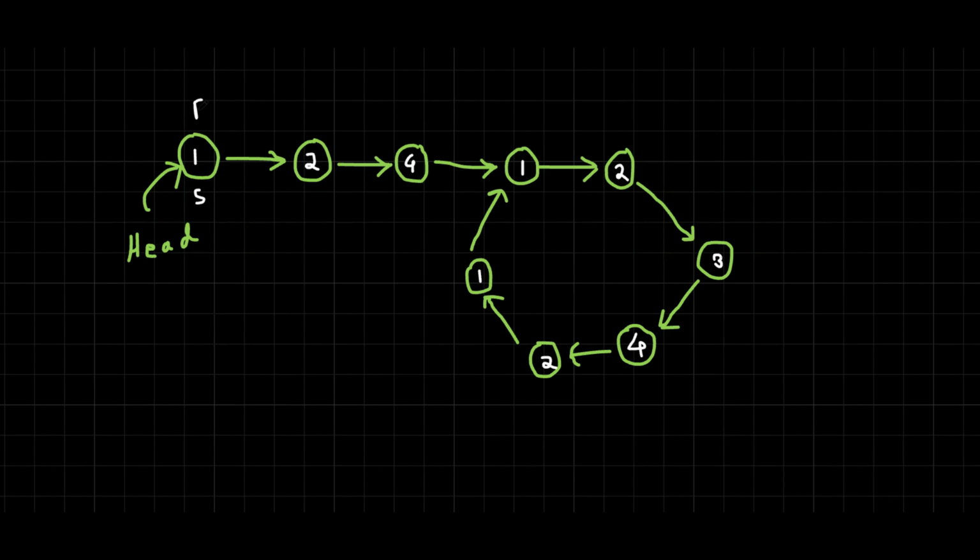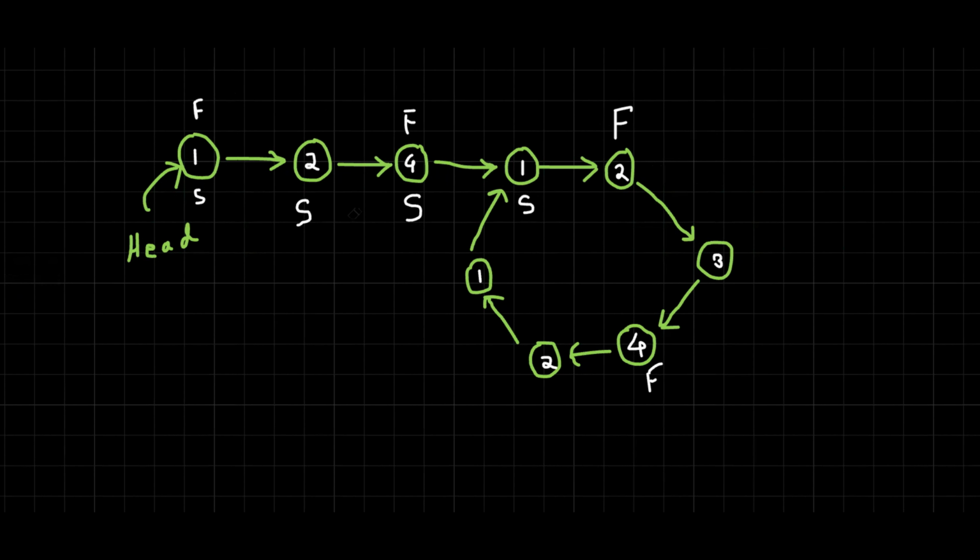Both of them are initially at the first element. Now, slow is shifted 1 unit and fast is shifted 2 units. Again, slow is shifted 1 unit, fast is shifted 2 units. Again, slow is shifted 1 unit, fast is shifted 2 units.